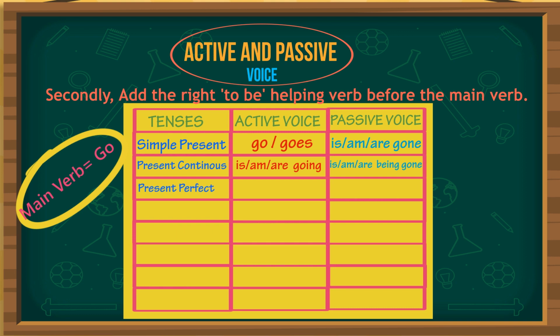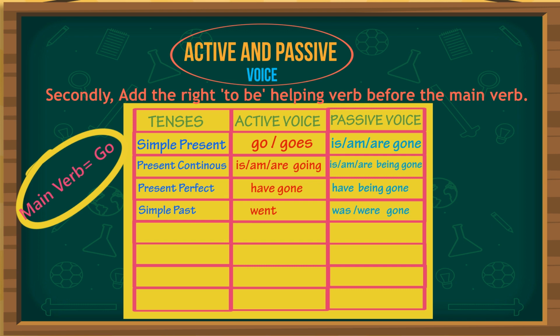Next is present perfect tense. In the active voice, we use have gone. In the passive voice, we add the helping verb been after have and the verb's third form, gone. In simple past, in active voice, we use went, which is the past form of the verb.